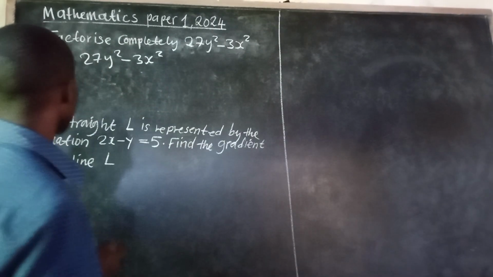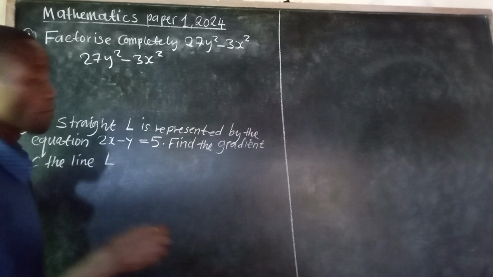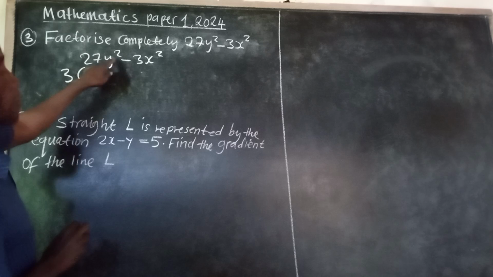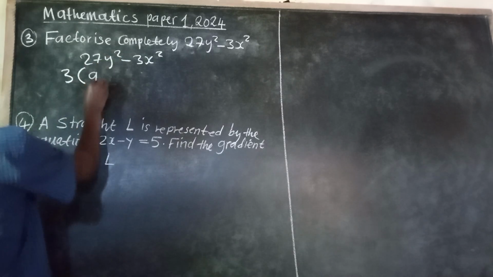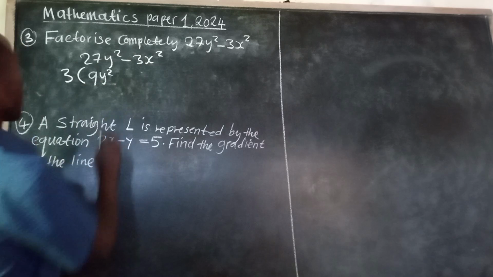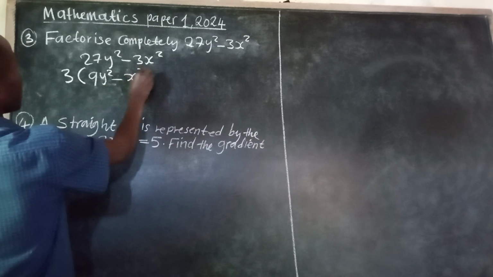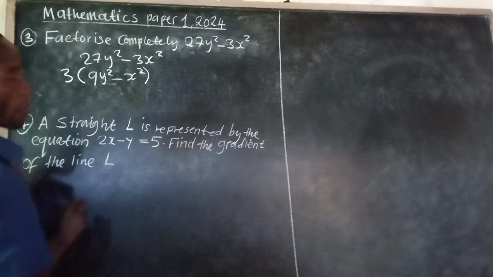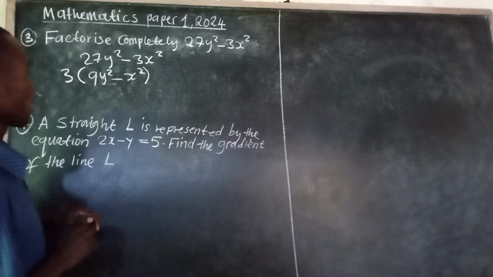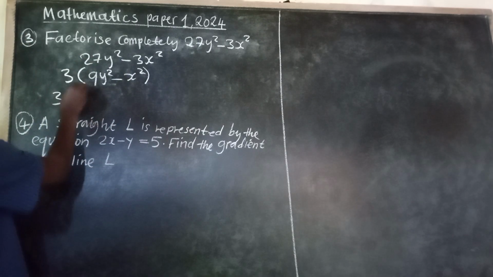Let's now write the common factor outside the bracket. Then we introduce the bracket. 3 into 27y squared, the answer is 9y squared. Then 3 into negative 3x squared, the answer is x squared. From there, we consider what is inside again, with the 3 outside as usual.